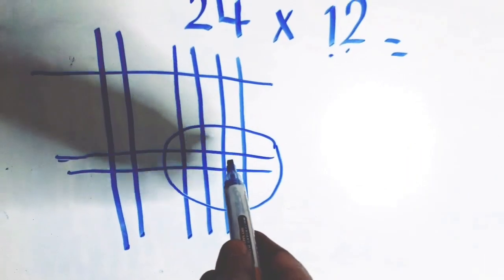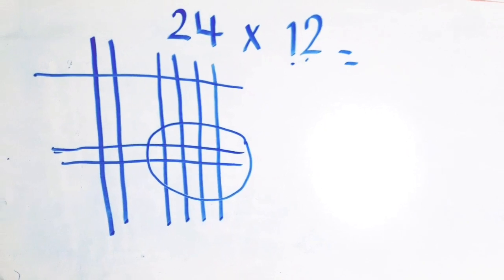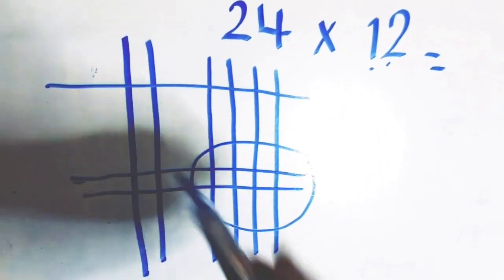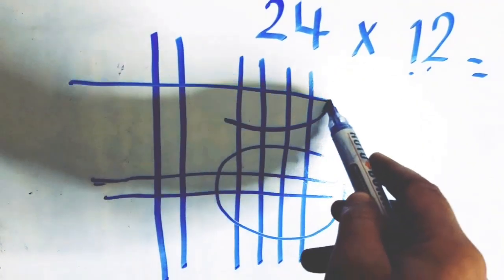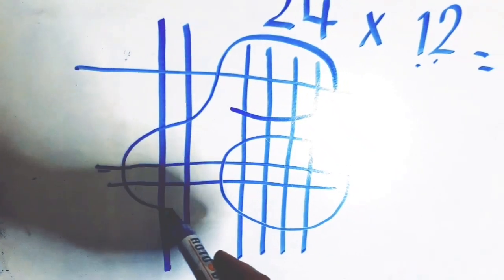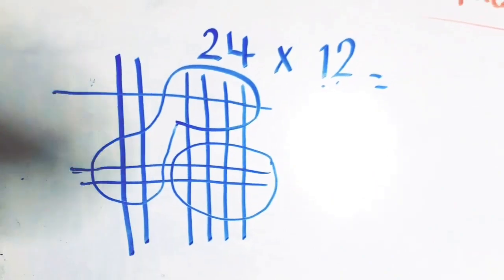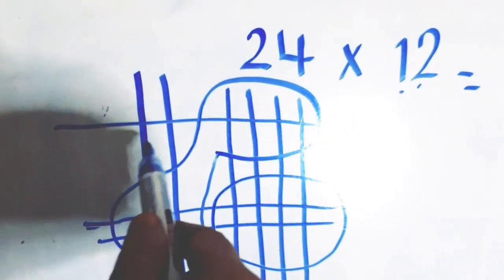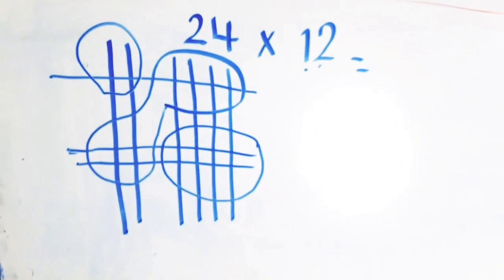This is the first intersectional zone. The second intersectional zone, okay, is this one. We must circle it. Noting that the intersectional zones must go in parallel. This is the last intersectional zone.